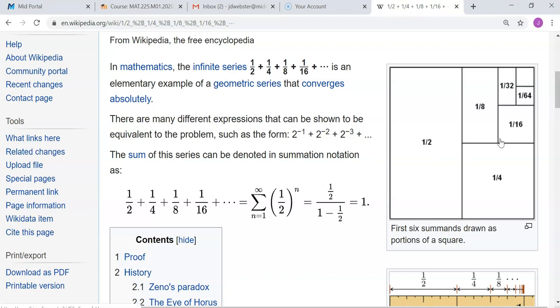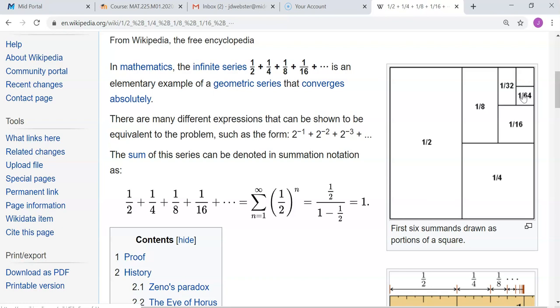And then you cut the remainder in half again. Well, half of the remainder is 1/8. You cut the remainder in half again. That's 1/16. You cut the remainder in half again. That's 1/32. And so you can keep doing this to infinity. Cut in half, you get 1/64. Cut in half again, I'd get 1/128. Again, 1/256.